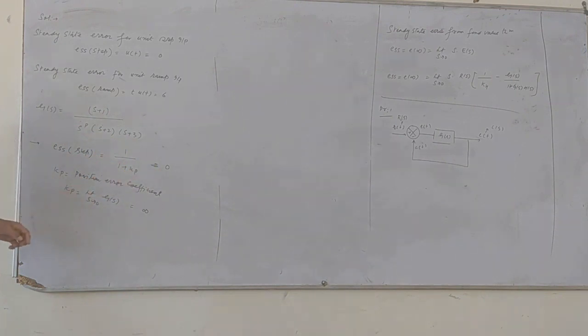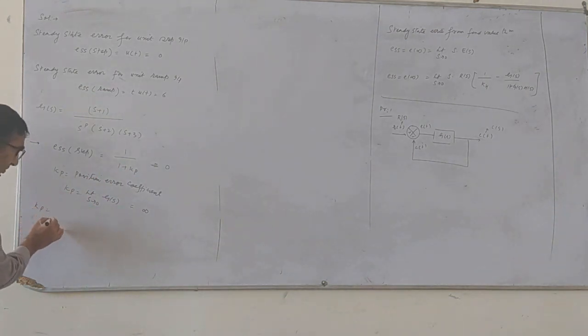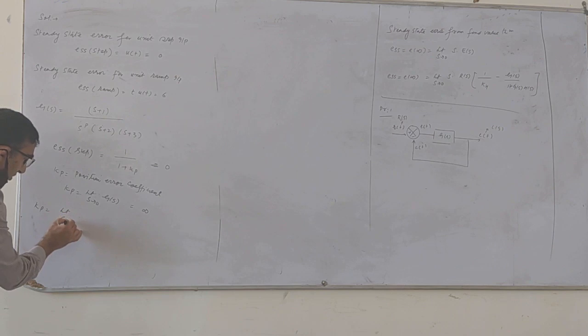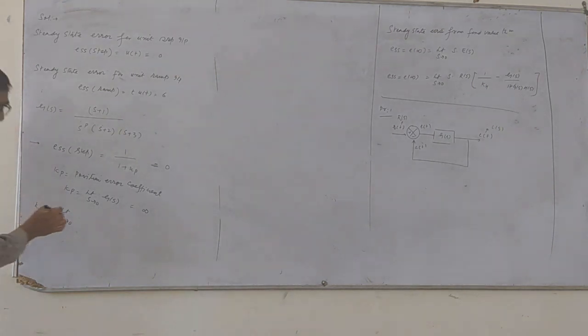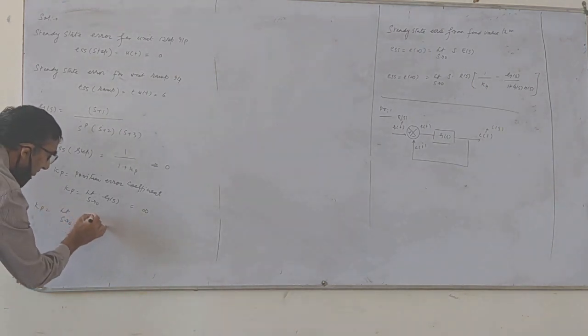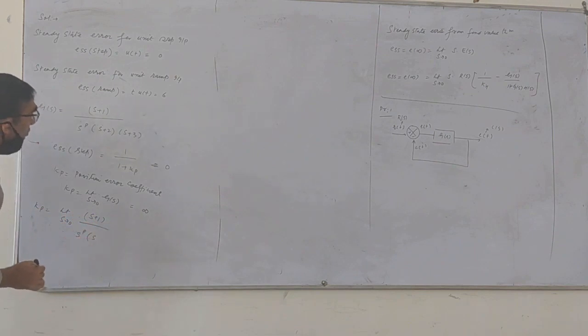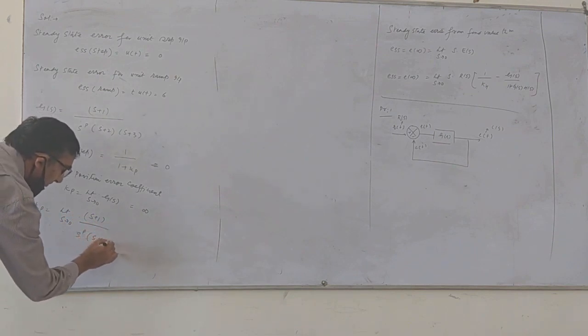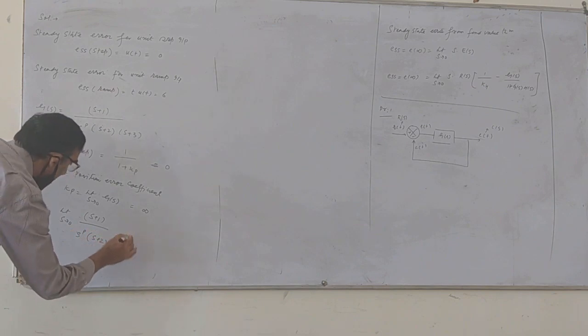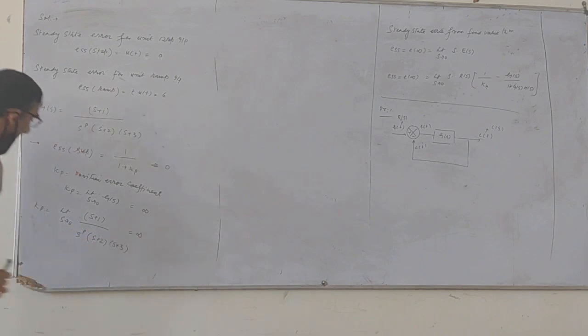So I can substitute here: Kp will be equal to limit s tends to 0 of (s plus 1) divided by s raised to the power p, (s plus 2)(s plus 3). This is equal to infinity.